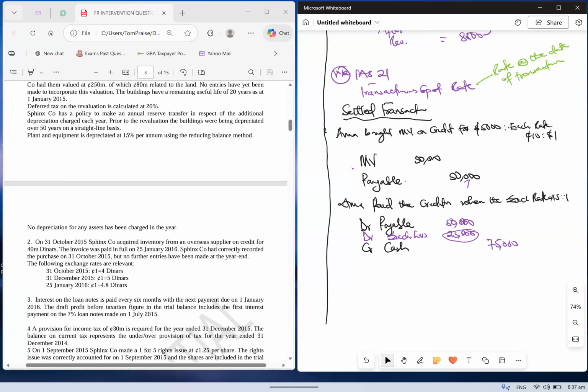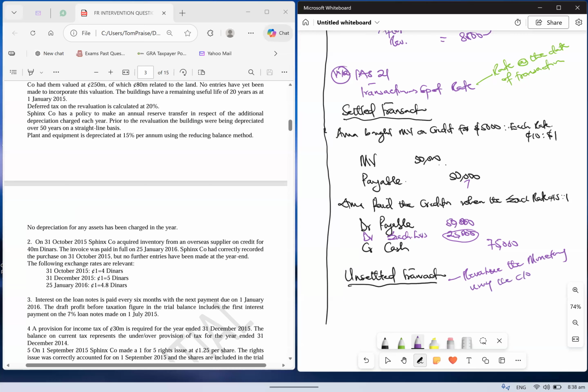All right. But there is another one called unsettled transaction. In an unsettled transaction, it means Ama bought the thing, but she has not paid. She didn't pay in the year. For an unsettled transaction, IAS 21 says that you revalue the monetary items using the closing rate.